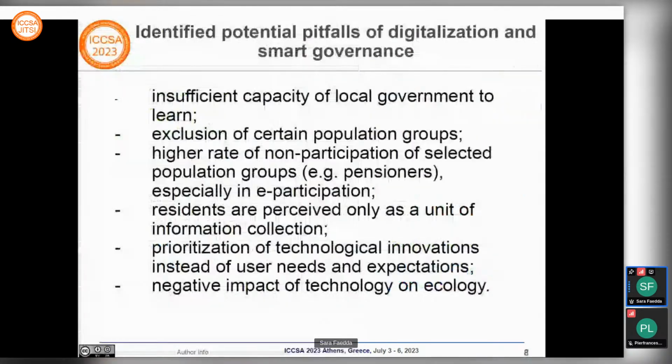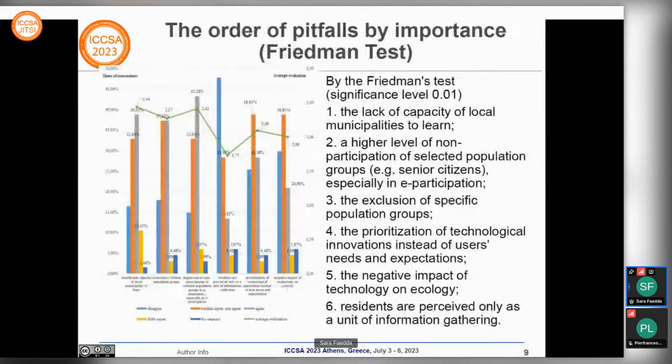We did the same in the case of pitfalls, or expected negative aspects, and from the literature these six potential negative effects or obstacles in the implementation of smart governance were identified. Again, the respondents were asked to evaluate them on a scale from fully agree to disagree.